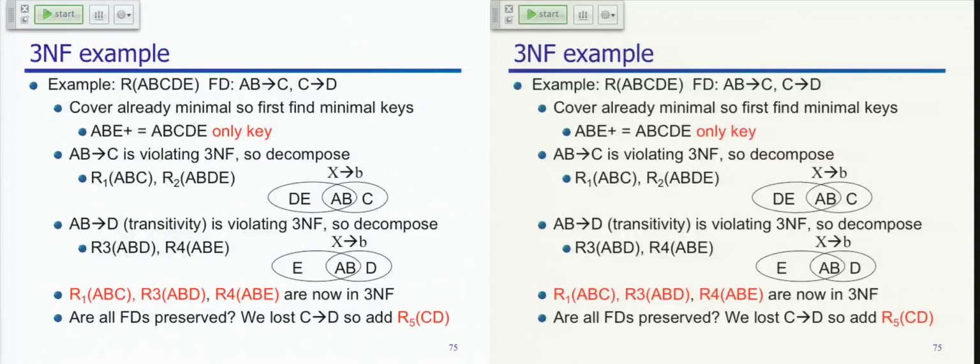I have R1, which allows me to check the first functional dependency, A, B determines C, but I don't have a table which has both C and D. Since I don't have such a table, I'm going to introduce R5 as a table, so I can preserve this functional dependency in one table. Any questions?